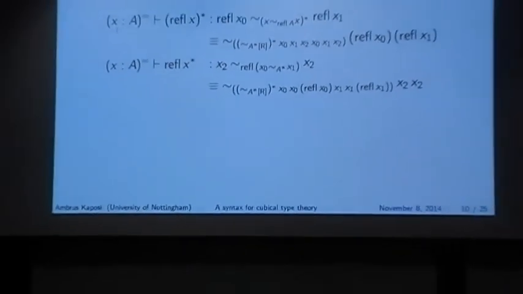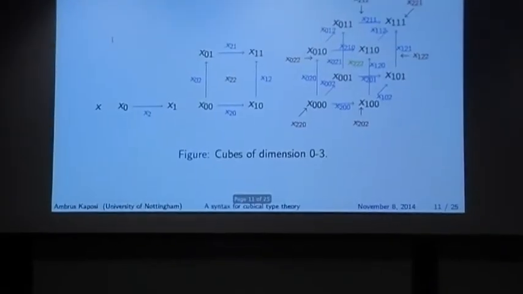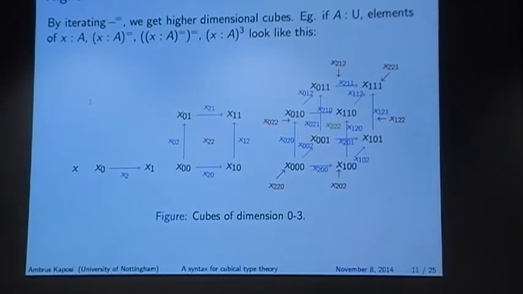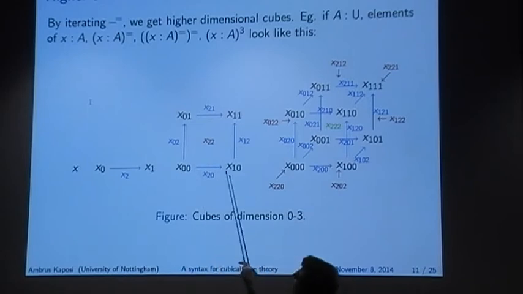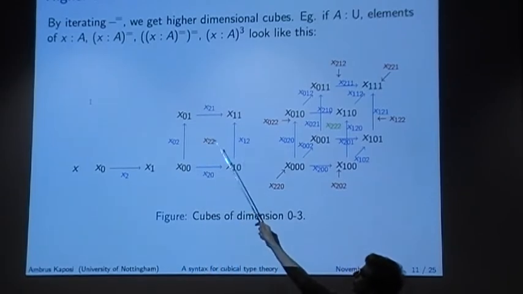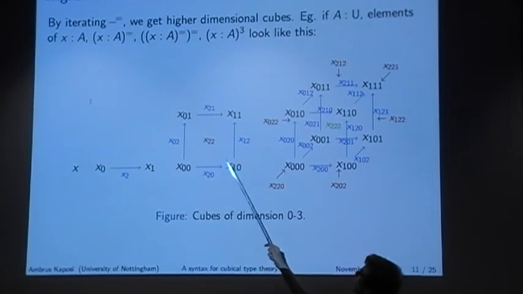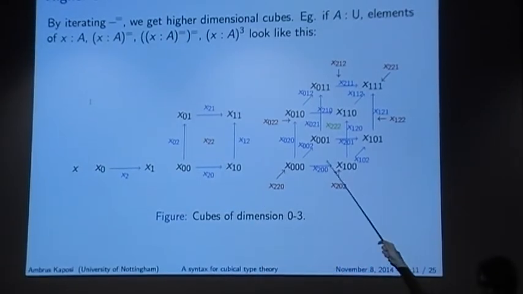So we just reflect on what we were doing and how this equals functor acts on context. If we have a context with one element, a context of points, and we apply this equals functor once, we get a context of lines. If we apply it again, we get a context of squares, and the last element is the filler here. And if we apply it again, then we get a context of cubes, and so on.